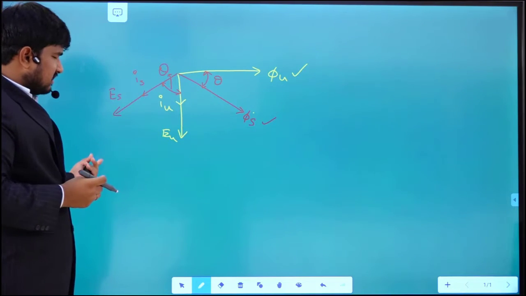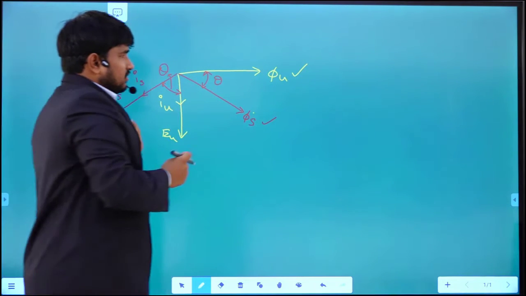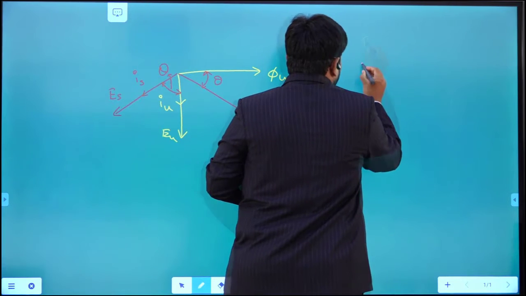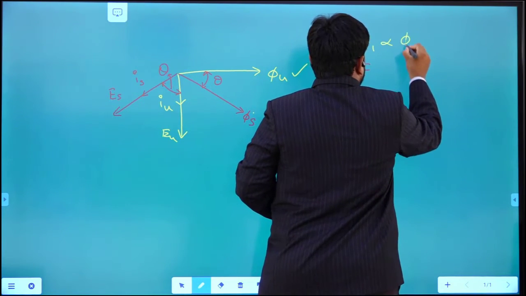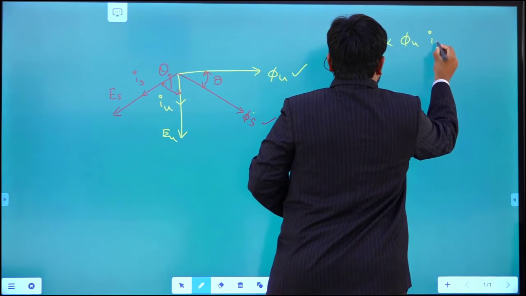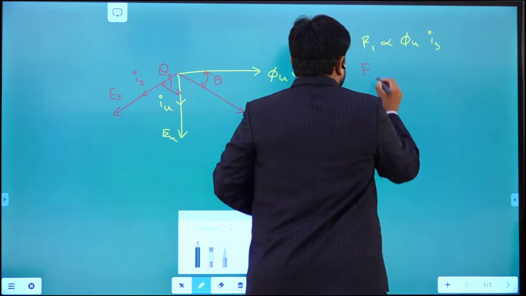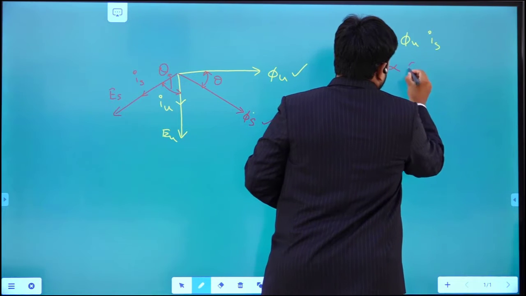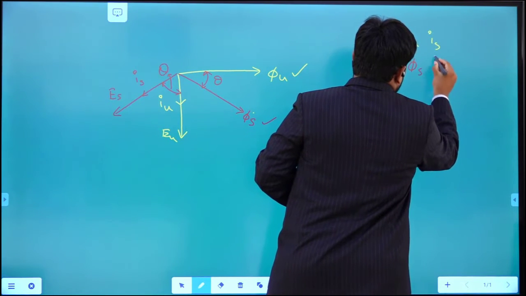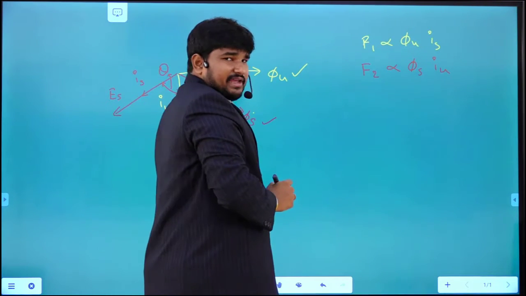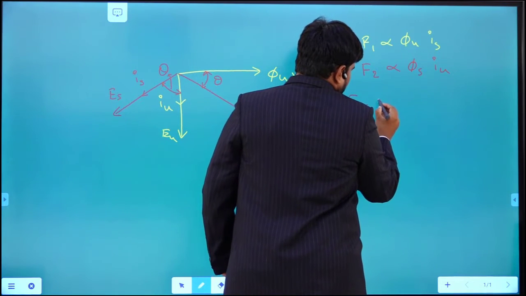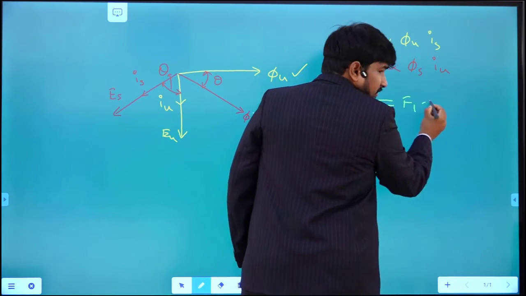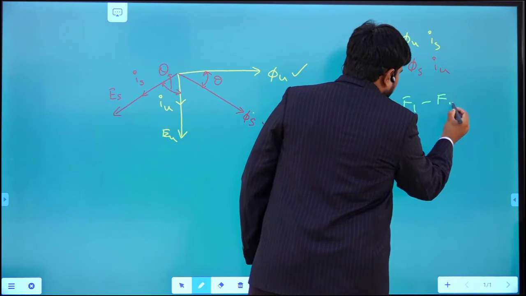Hence there are two forces developed. F1 because of phi u and Is, and F2 because of phi s and Iu. So the resultant force Fr is equal to F1 minus F2.